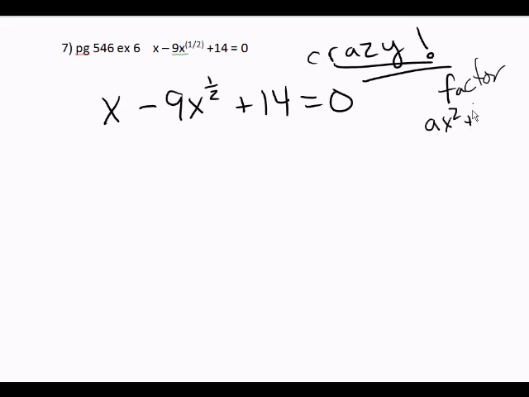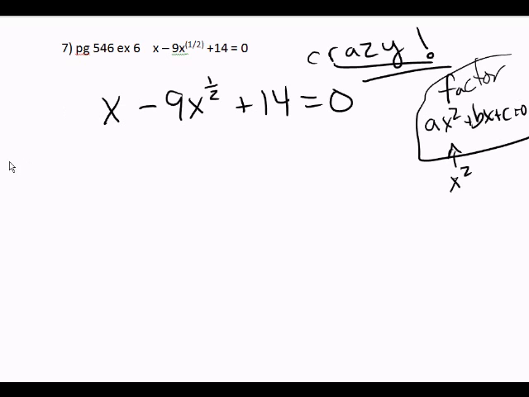But normally when we factor, we have ax squared plus bx plus c equals 0. That's what we normally have when we factor. You have to have an x squared. Do you have an x squared right now? No. We're going to make an x squared. So every time we do this, we're going to make an x squared.